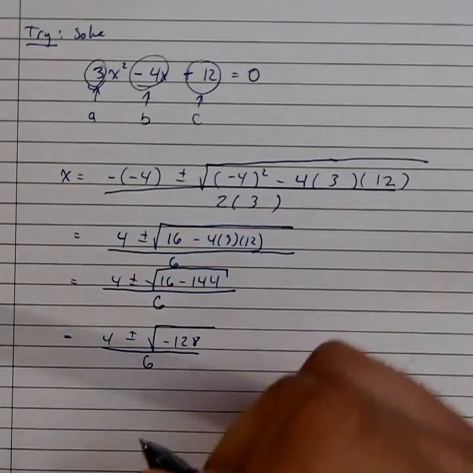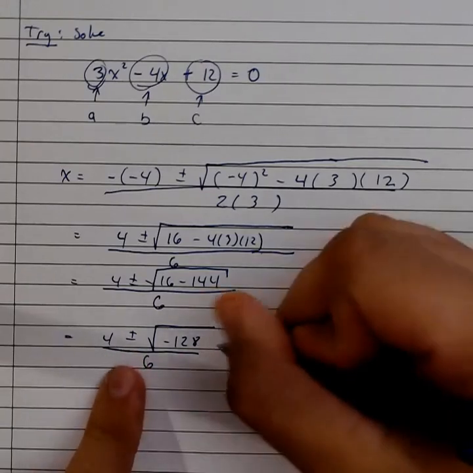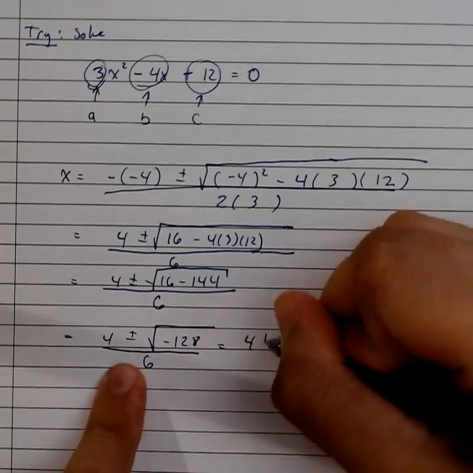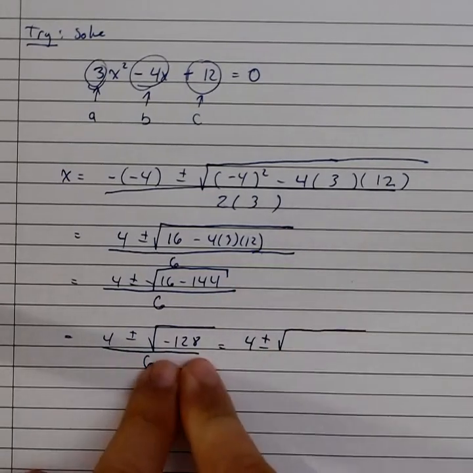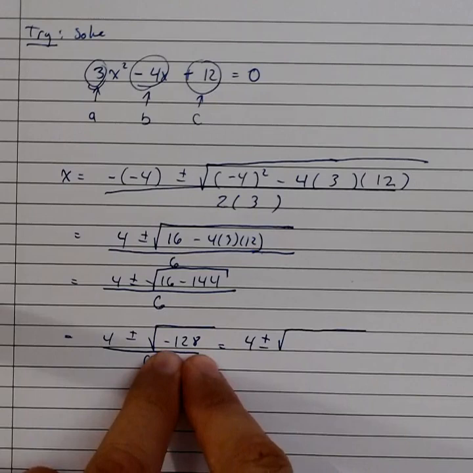And now there's, in fact, quite a bit I can do to simplify this. So here that's going to be 4 plus or minus the square root of, now there's a bunch of numbers I can write that multiply together to give me 128. All right, I could do 1 times 128. I could do 4 times 32.